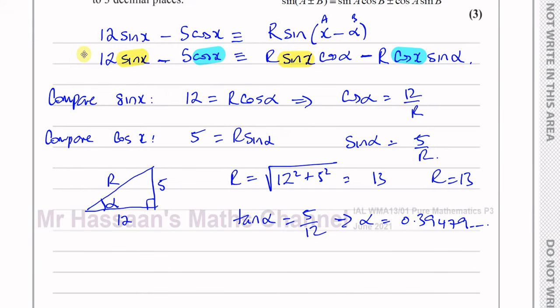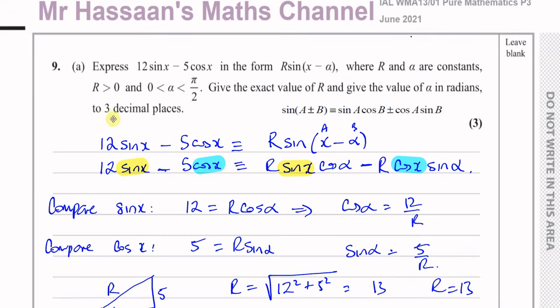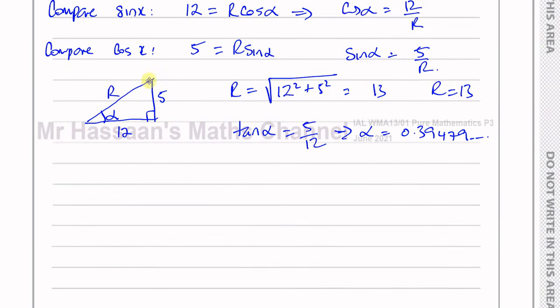Sorted that out. Now we can write that to 3 decimal places as required in the question. So alpha equals 0.395.